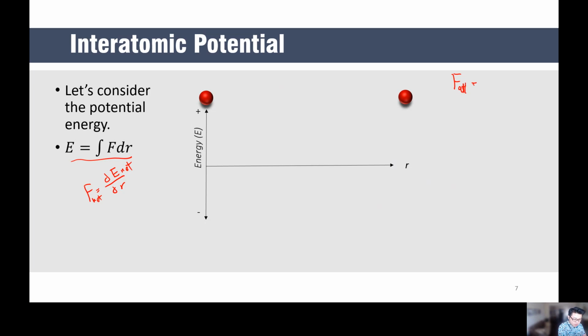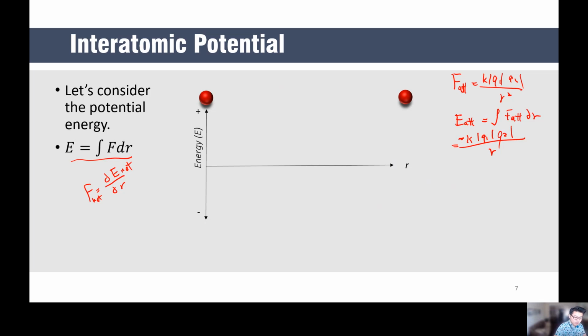So the attraction force is K Q1 Q2 over R squared, and the energy of attraction is going to be the integration of F attractive dr, and we can write this as K Q1 Q2 over R with a negative sign here.